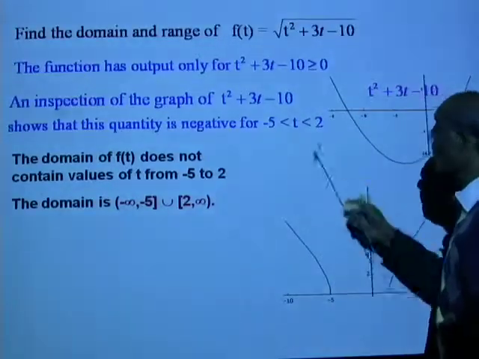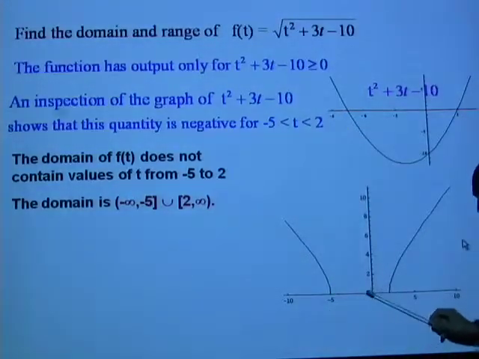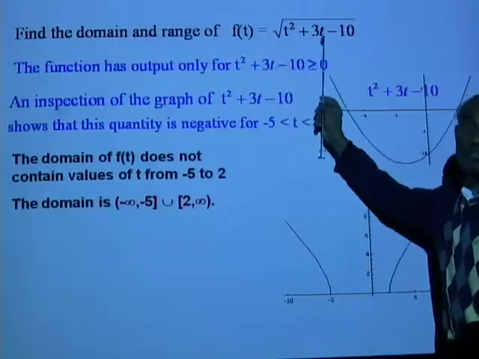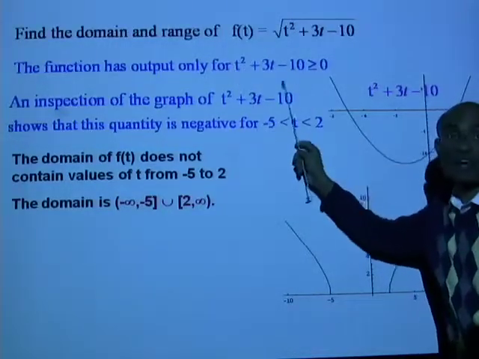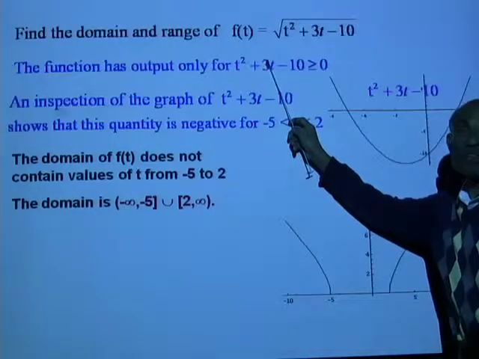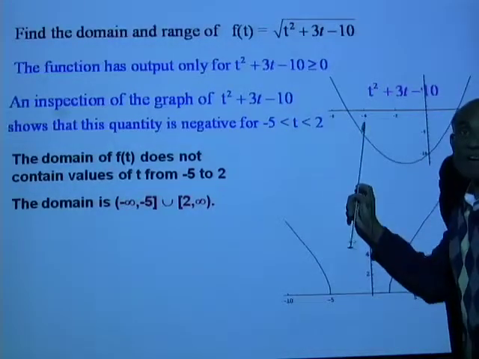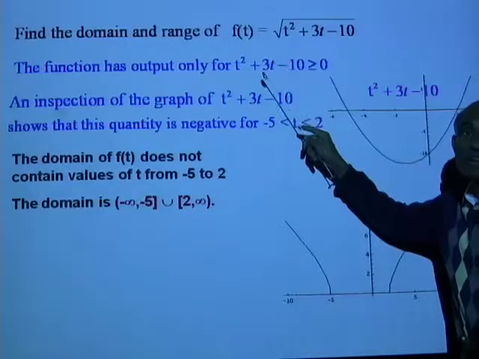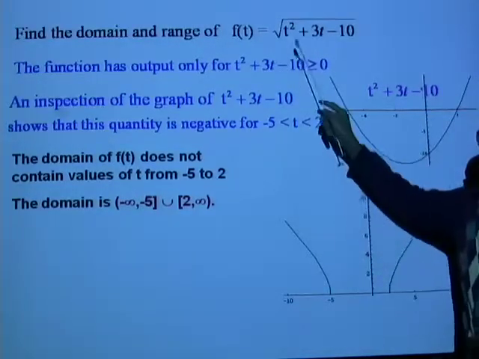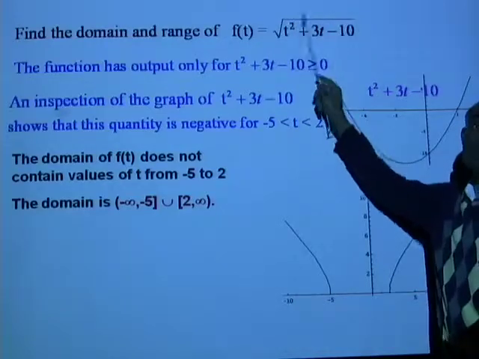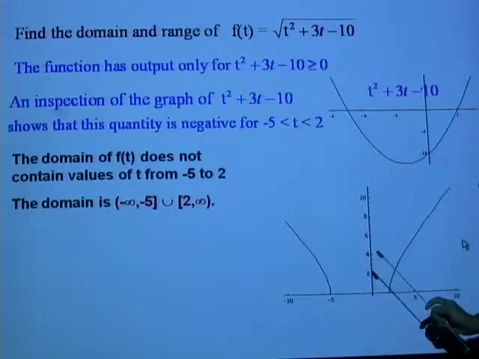And look at the graph of the function itself. This is the graph of the function. Don't confuse. This is the graph of the quantity inside the square root. And we did that to find out the values of t that will make this quantity negative. And this is the graph of the function square root t squared plus 3t minus 10.